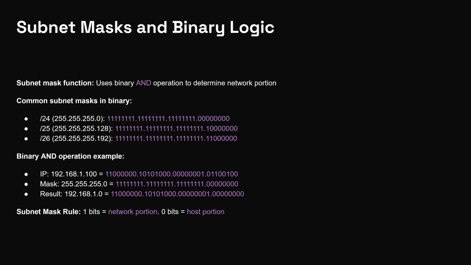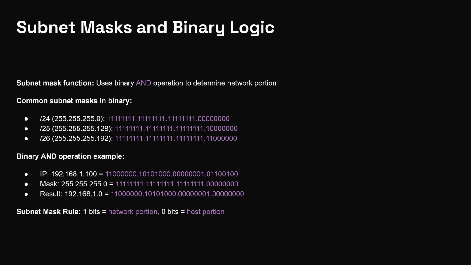So next we can cover the subnet masks and the binary logic. The subnet mask function uses a binary AND operation to determine the network portion. So you have your subnet mask, which can be /24, 25, 26. And as Carlos mentioned before, the class A network in RFC 1918 is 10.0.0.0/8.